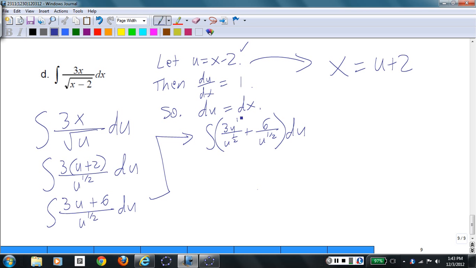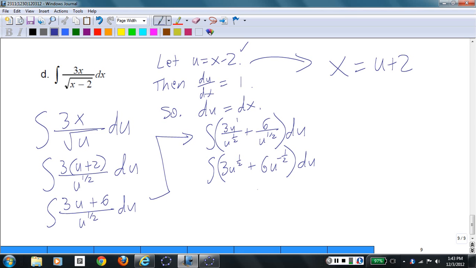u to the 1 over u to the 1/2 is u to the 1/2. So this is the integral of 3u to the 1/2. And then if we have u to the 1/2 in the denominator, we need u to some power in the numerator. So I'm going to say u to the negative 1/2. Multiplying by u to the negative 1/2 is equivalent to dividing by u to the positive 1/2.